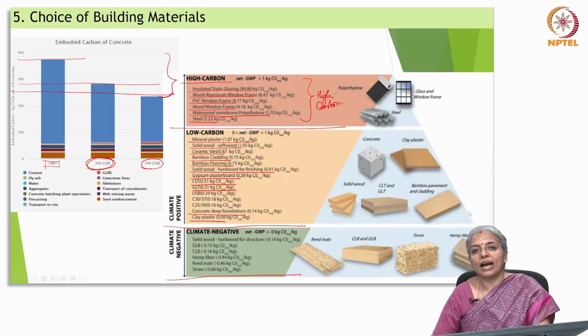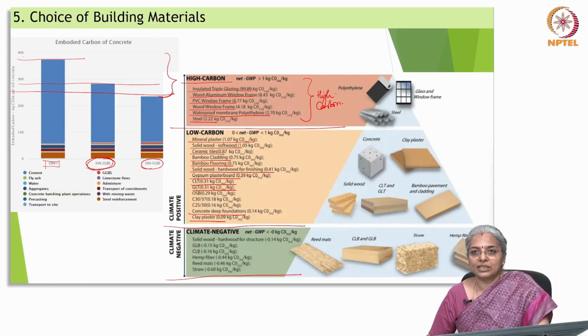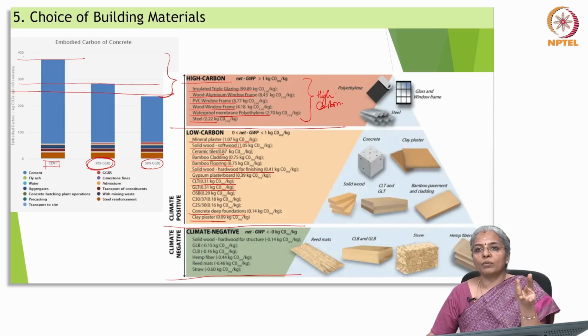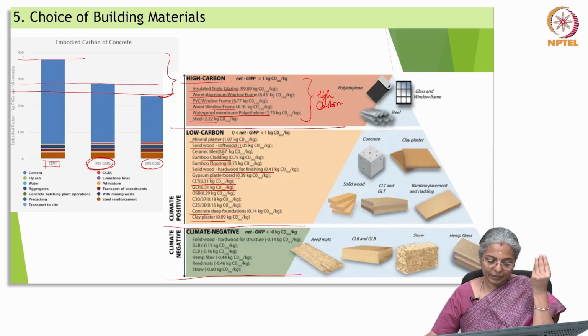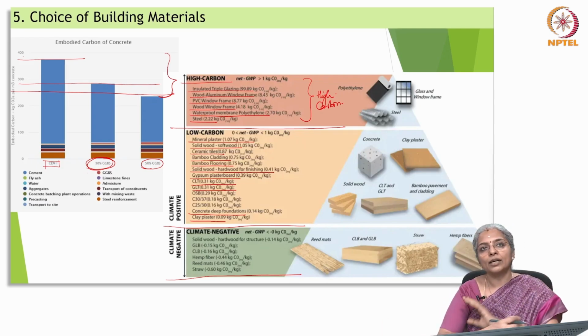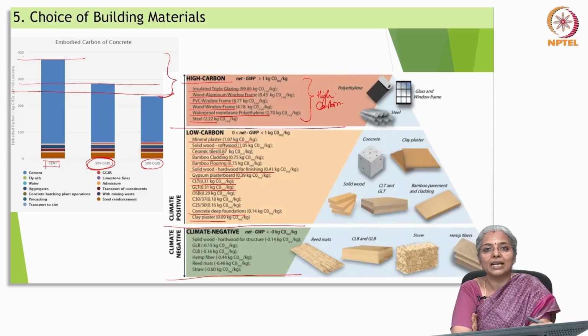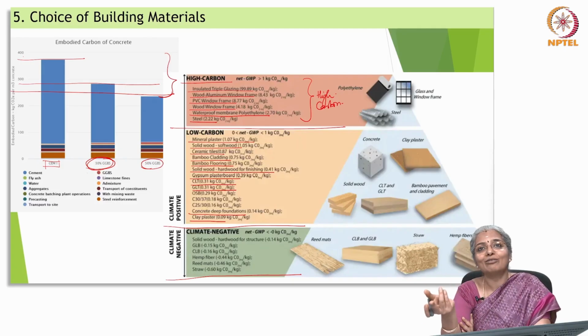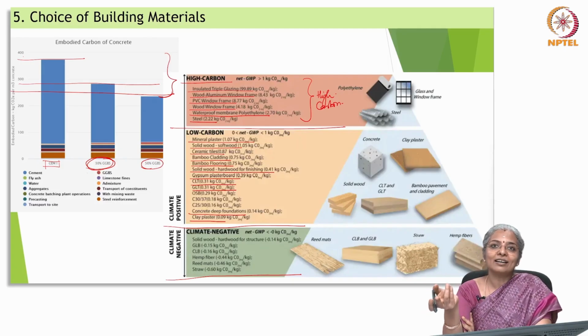For example, if you need cladding insulation, you can use recycled polystyrene or foam glass, which has a minimum of 60% recycled glass mixed with new glass. Then you can also have innovative building materials, but I am not getting too much into the various building materials and their actual characteristics and properties, because for that I am offering a different course called Building Materials as a Cornerstone to Sustainability.